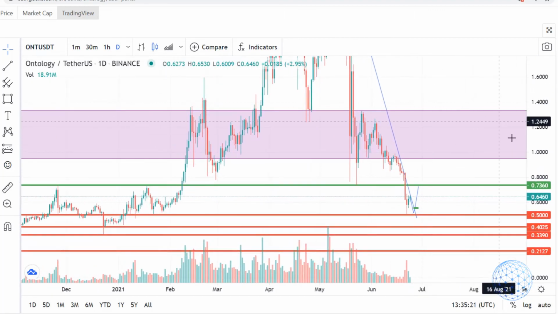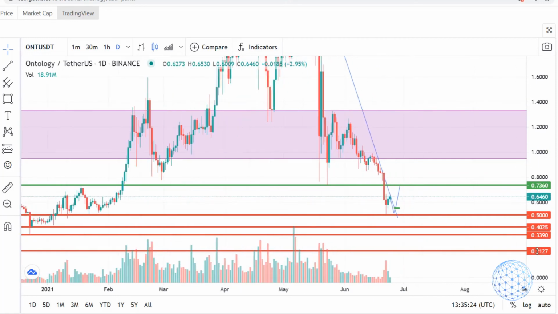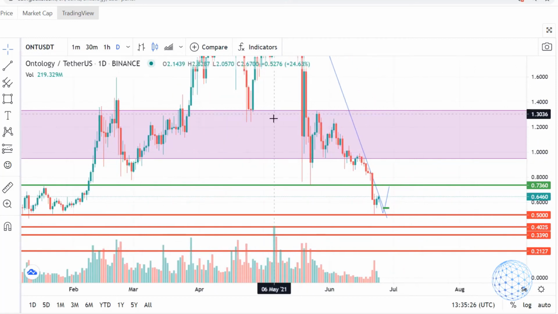I want to give you a realistic idea of the support and resistance levels that we have at the current moment. So if you are buying the dip, these levels of 0.73, then 0.95 before the one round dollar, which always plays the role of a support and resistance.